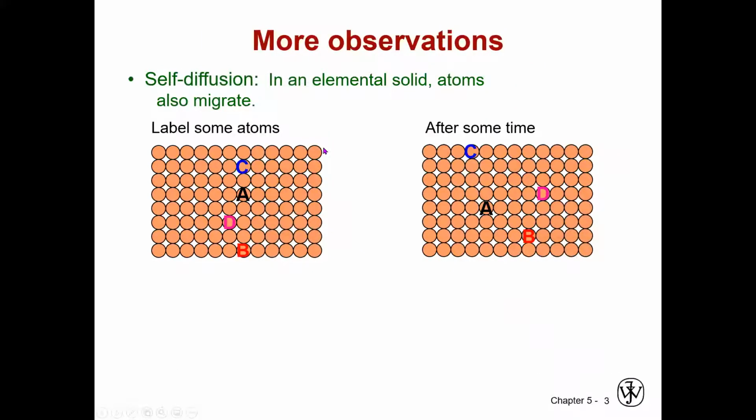Now, the other thing that we'll see is that even if we were to use one material and we were to go ahead and radio tag some of the atoms in that material, and we were to wait some time and measure the sample again, what we would find is that those atoms have actually moved around in the sample.